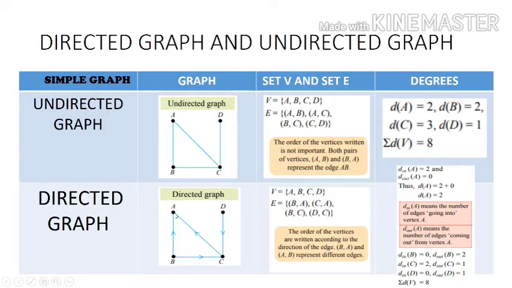And as you can see here, A, B, A, C, and C, A. Next, B, B, C, and D, D, C. The sum of degrees is according to the direction. That is, D in A means the number of edges going into vertex A. And D out A means the number of edges coming out from vertex A. And that is the same for the other vertices. And so the sum of degrees is 8.